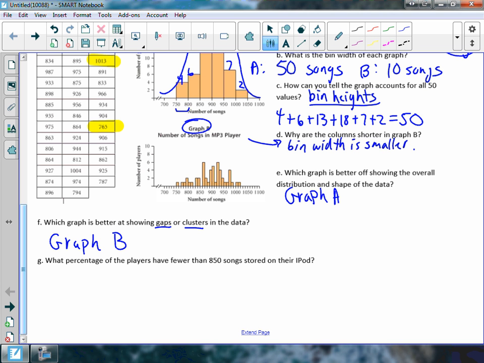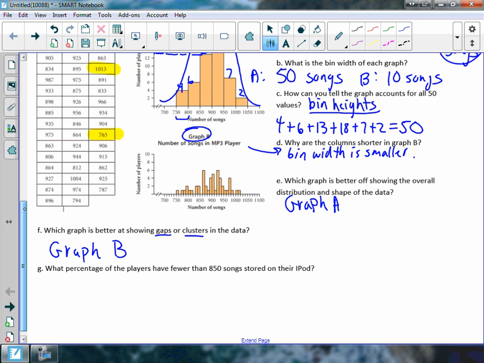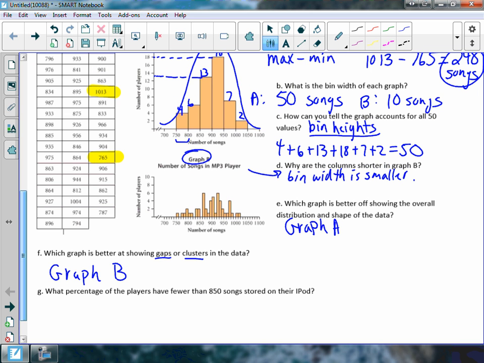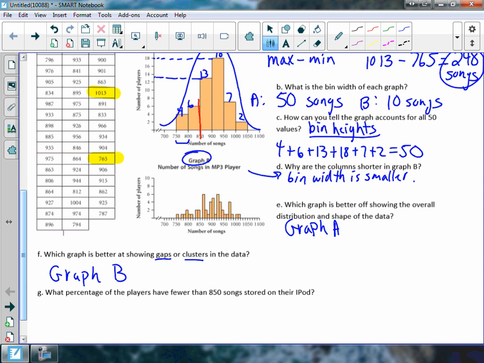And then finally, you can answer percentage questions pretty easily. What percentage of players have fewer than 850 songs stored in their iPad, or iPod rather? So if we look at 850 songs, that follows right here along these two bins. And we know that I generally go bin right, so 850 would be in the right-hand bin.